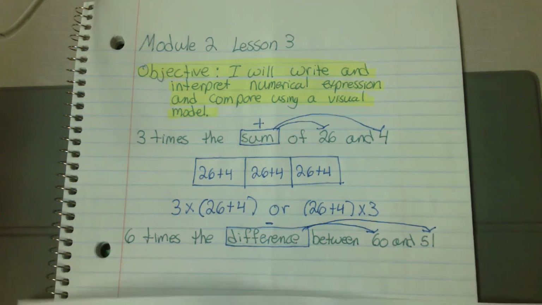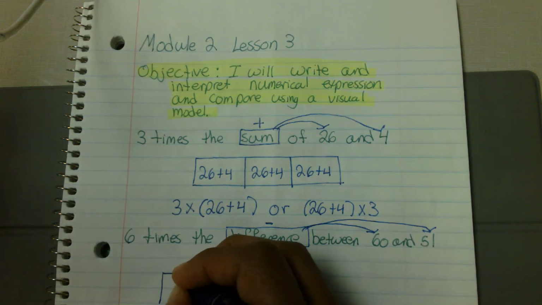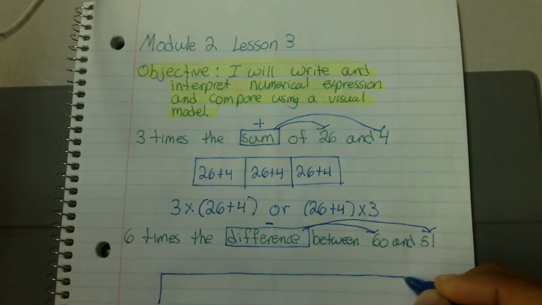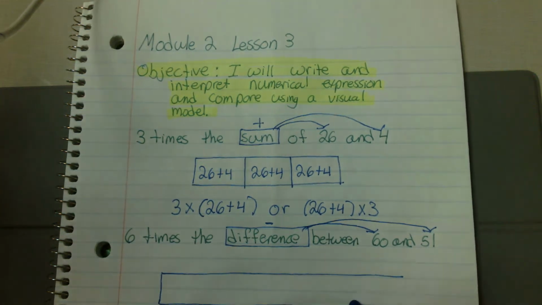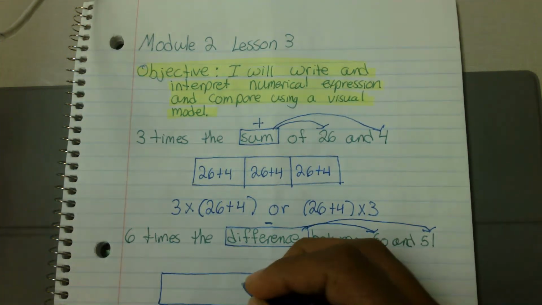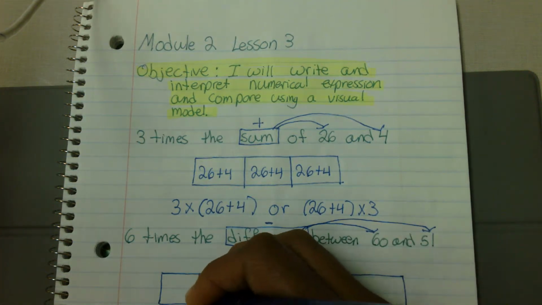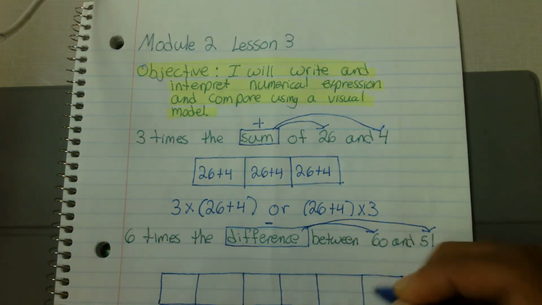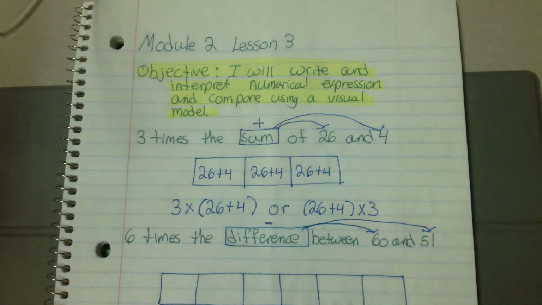So again, I'm going to draw a tape diagram. That's my visual model here. Now I'm going to make this one a little bit longer because I have to do 6. Oops, a little bit crooked there. So 6. That means I want to do thirds. And then I can half my thirds. So now I have 6. 1, 2, 3, 4, 5, 6. So there's the 6 times.